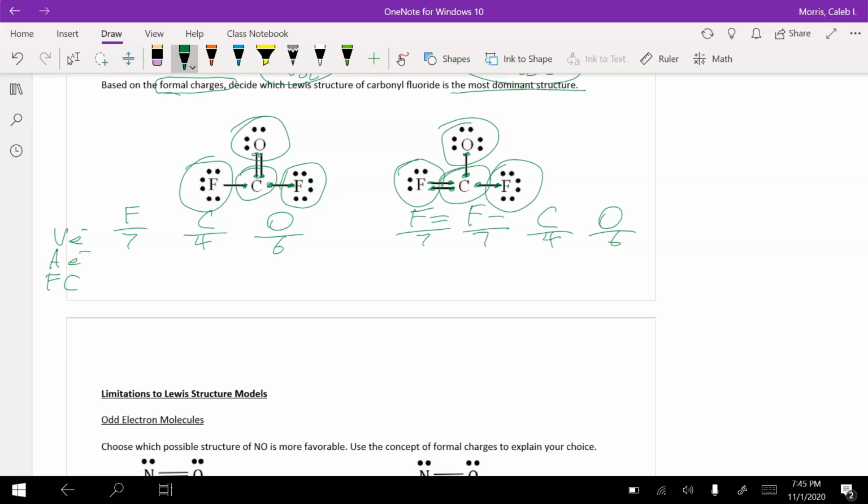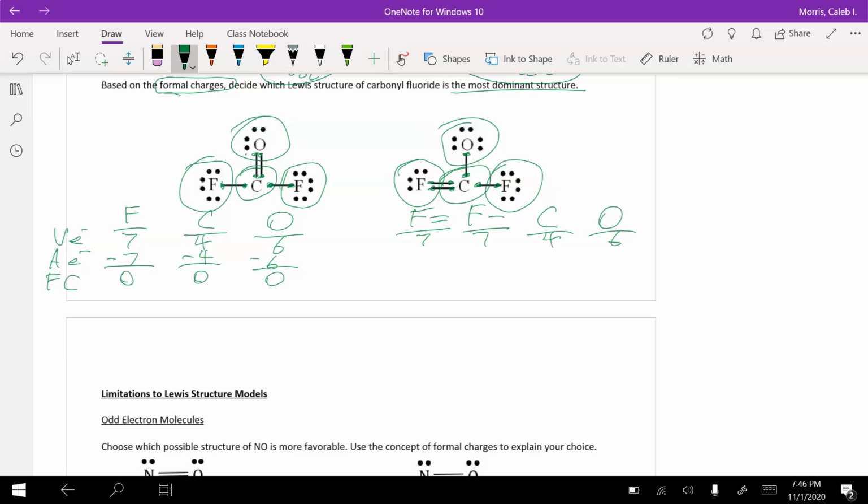All right, to find the assigned electrons on the first structure, I'm going to count my electrons for fluorine, and both of these are identical, so it's 1, 2, 3, 4, 5, 6, 7. 7 minus 7 is 0. For carbon, it's 1, 2, 3, 4. 4 minus 4 is 0. And for oxygen, I have 1, 2, 3, 4, 5, 6. 0. Okay, it looks like this is probably our most dominant structure because they're all 0.